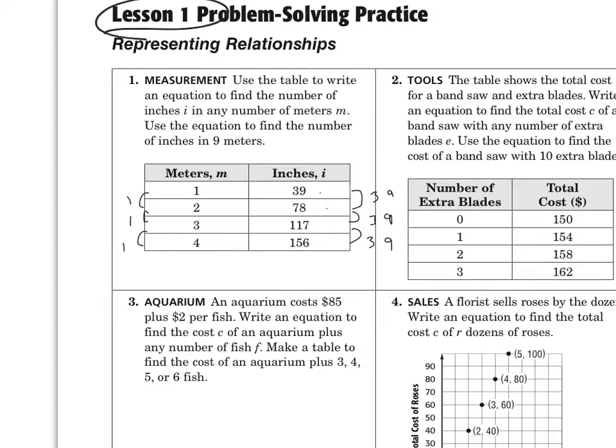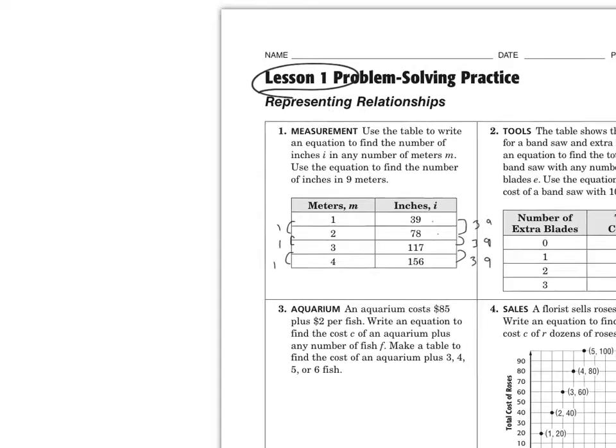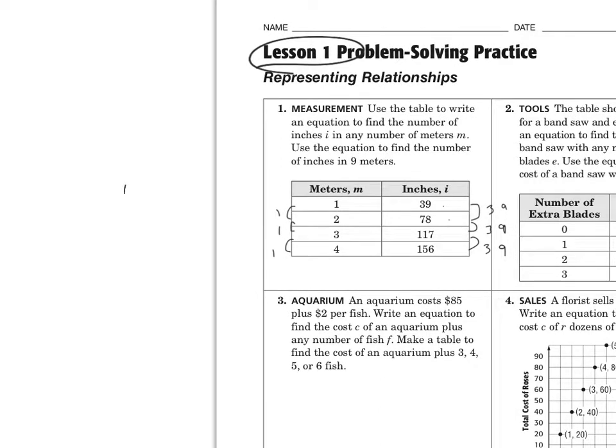Well, the reason this is important to us is because when you're calculating slope, remember that slope is the change in y over the change in x. And when we write the tables, we put the x's on the left side and we put the y's on the right side.